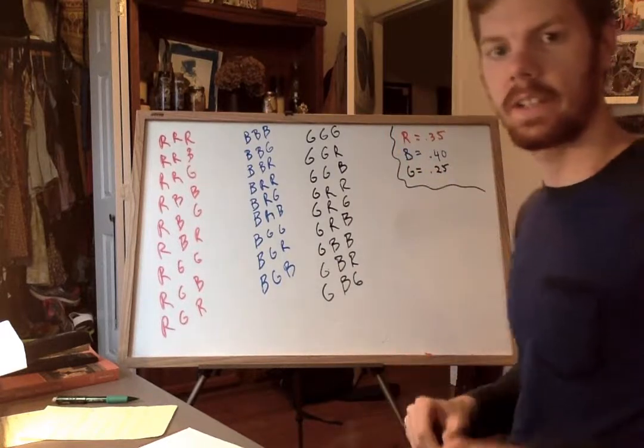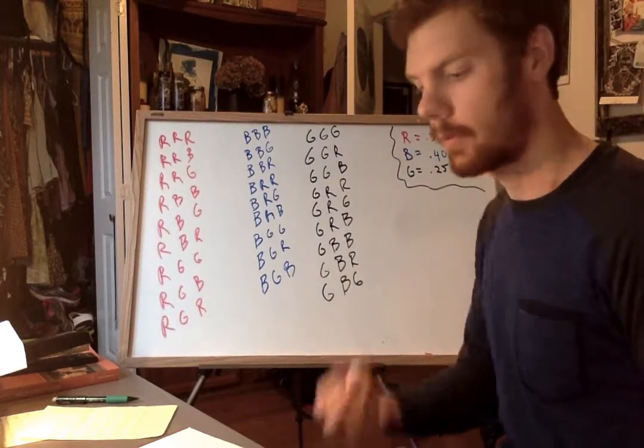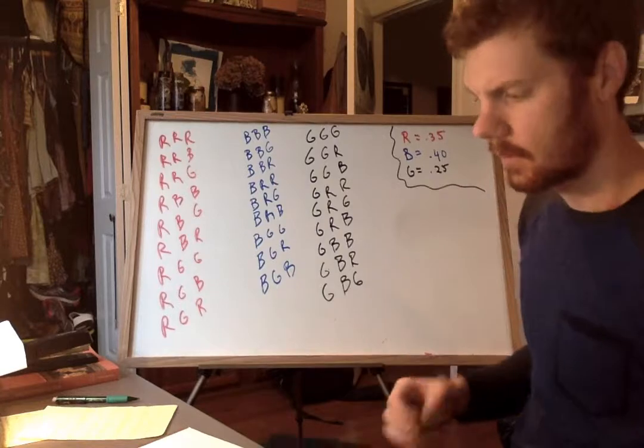So these are 27 different possibilities for 3 independent draws, right?